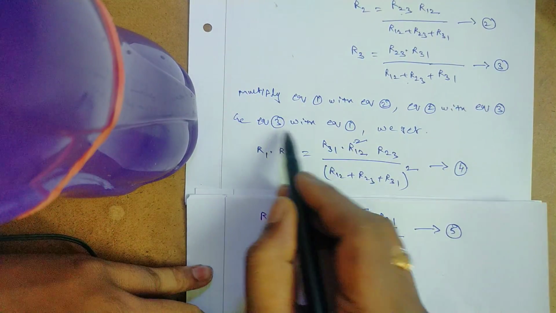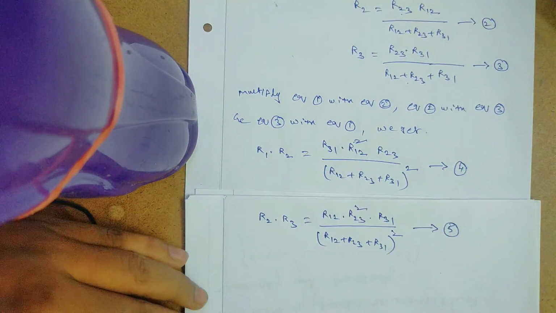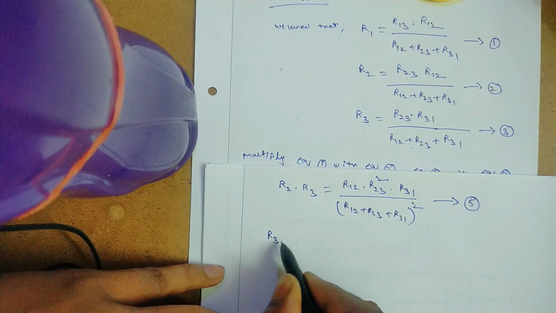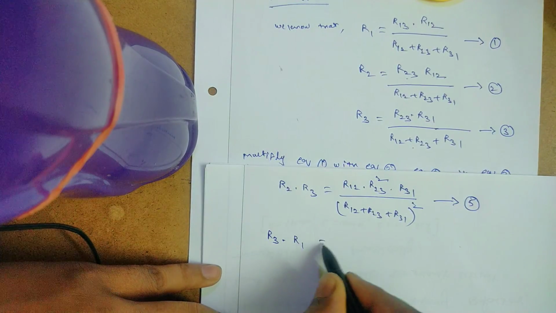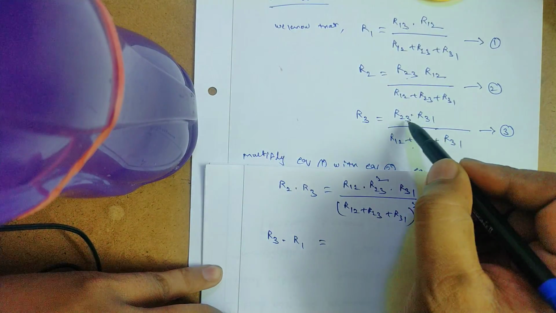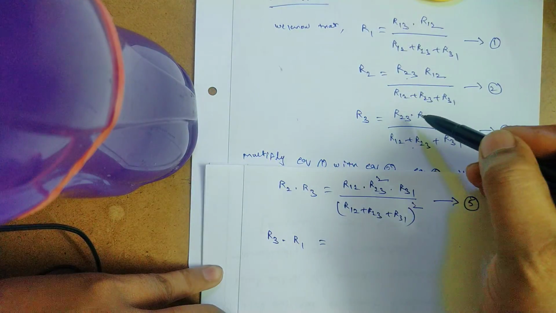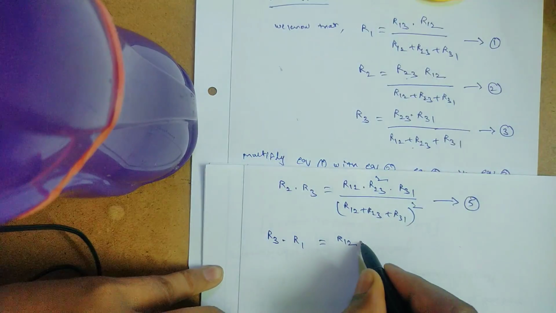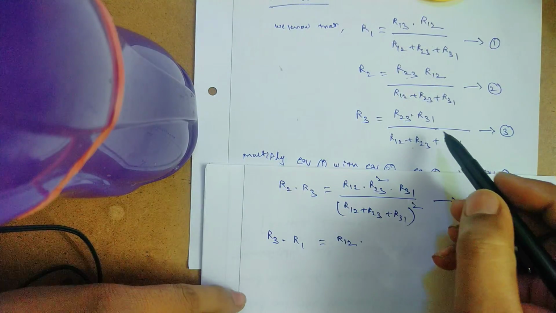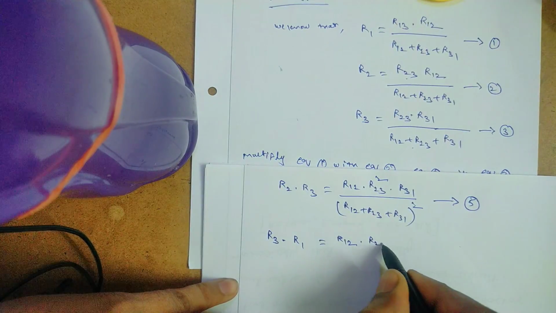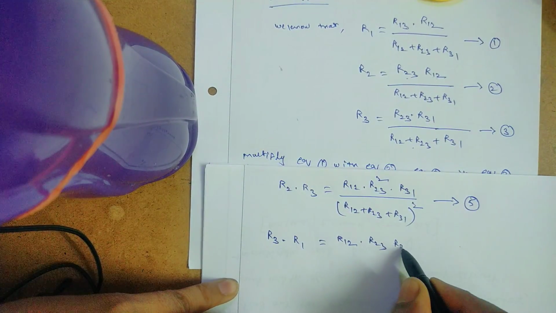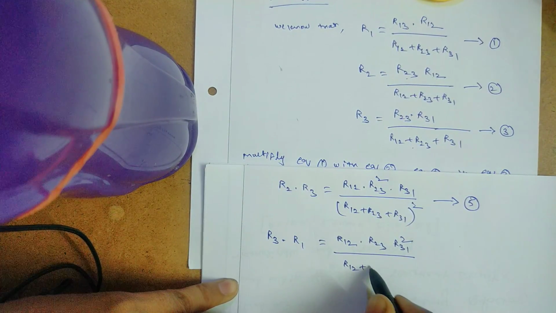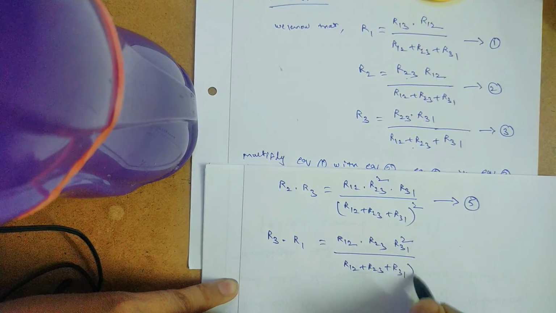And likewise, we multiply equation 3 with 1. That is equation 3, R3 into R1 is equal to, see here the numerator, R31 2 times, R12 into R23 and R31, R31 into R31, R31 square, divided by R12 plus R23 plus R31 whole square.